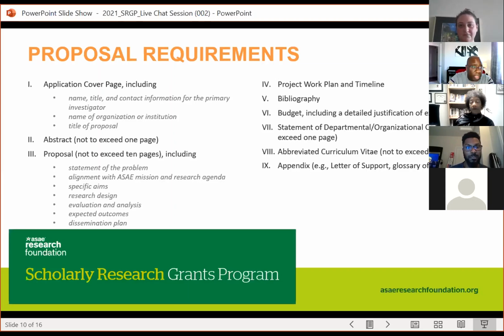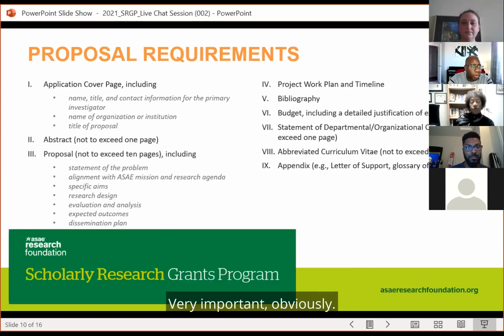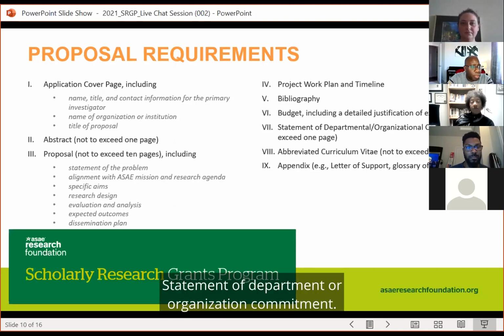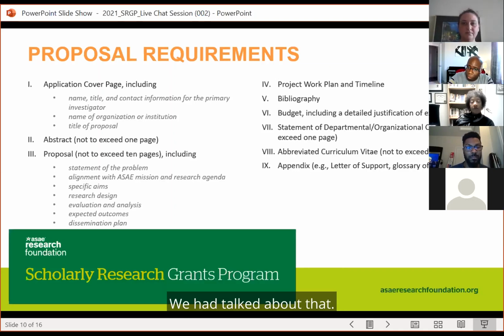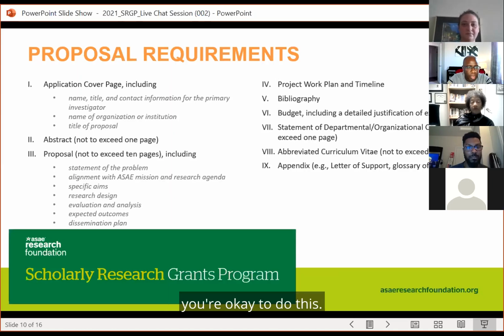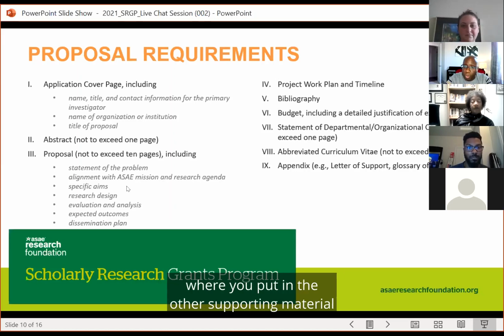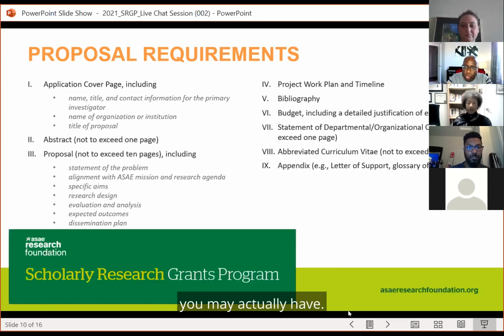Bibliography, and a budget that gives a detailed justification of the expenses, very important, obviously. Statement of department or organizational commitment, we had talked about that. That's that letter from your organization saying you're okay to do this. And then, of course, a CV or resume and any appendix where you might put any other supporting materials you may actually have.